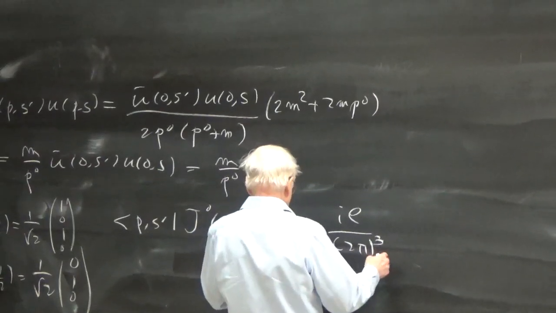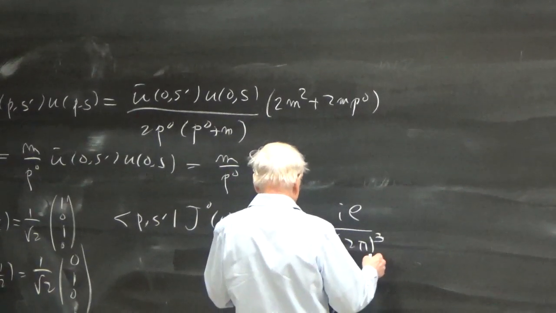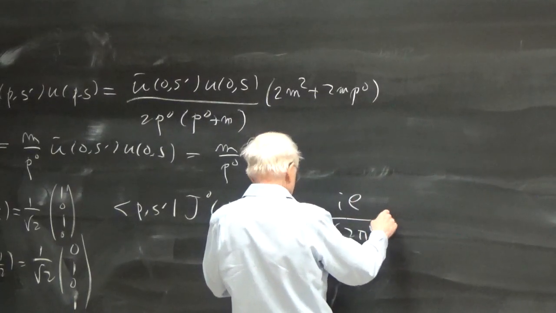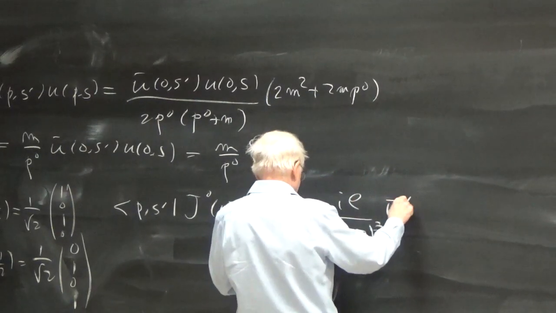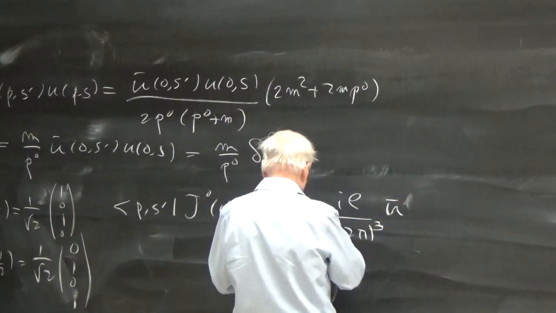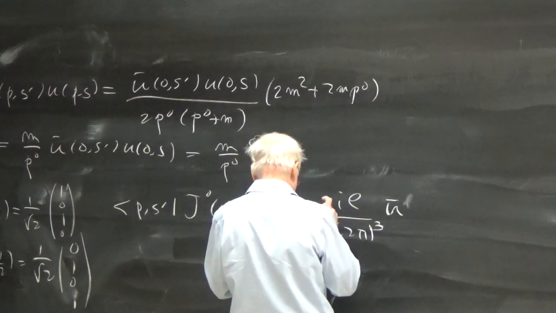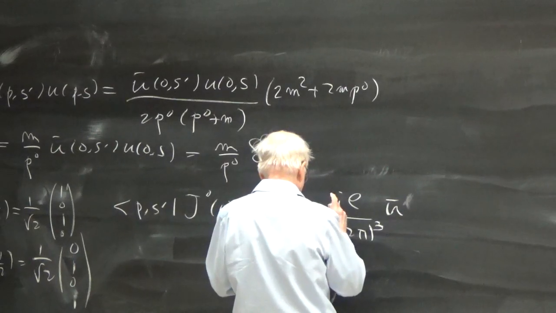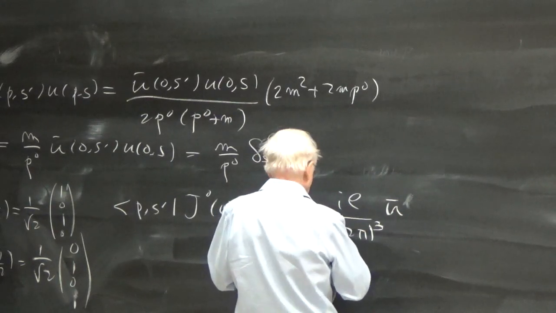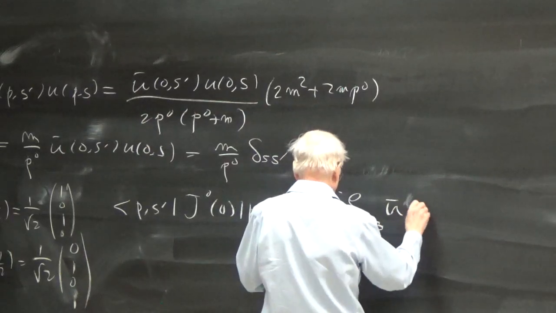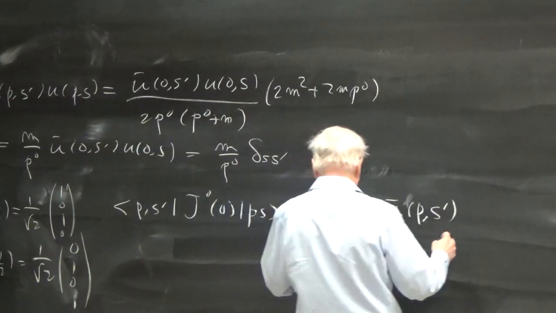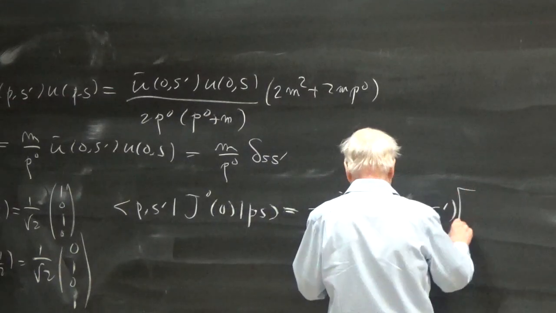Anyway, so what we have then, using the earlier formulas, is U bar, well, there's no prime there, of P and S prime, so these are the same P's.